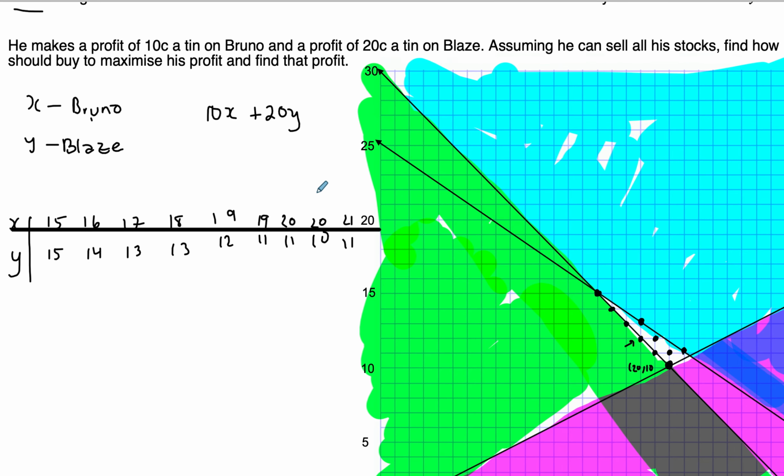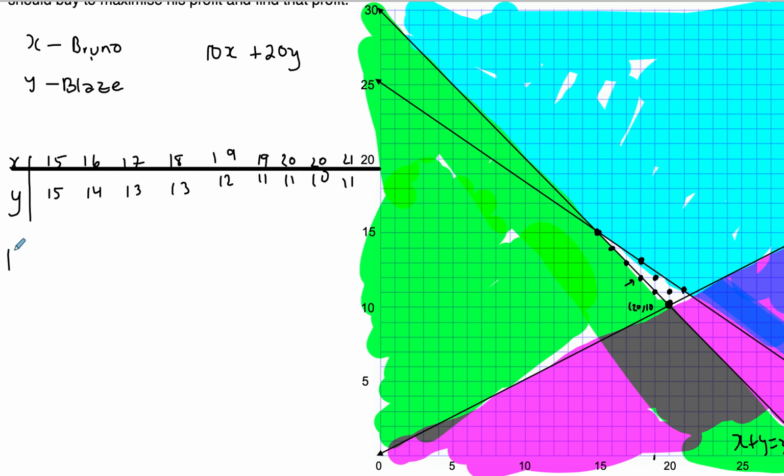And we're going to see, just substituting the values and see how much profit you're going to get. So just testing out a few ones. So 15 times 10 plus 15 times 20, this will give me 450 cents. This is 440 cents. Try out the other ones. This is going to be 440, 430, 430 for the last one.